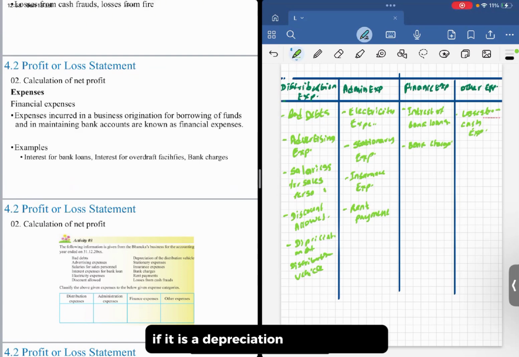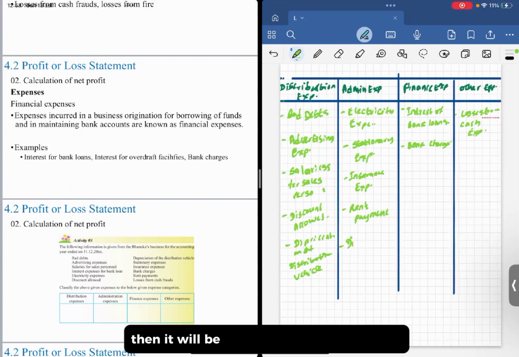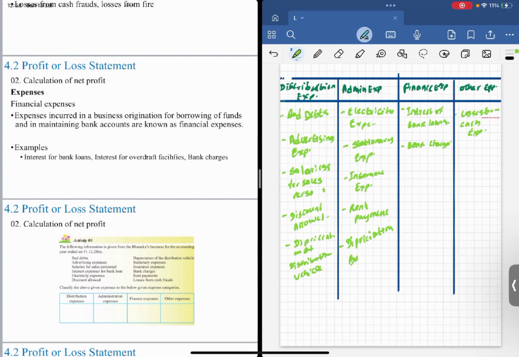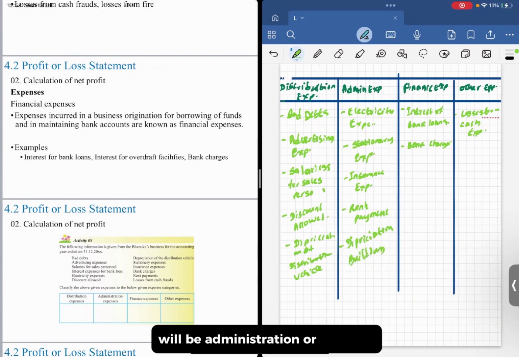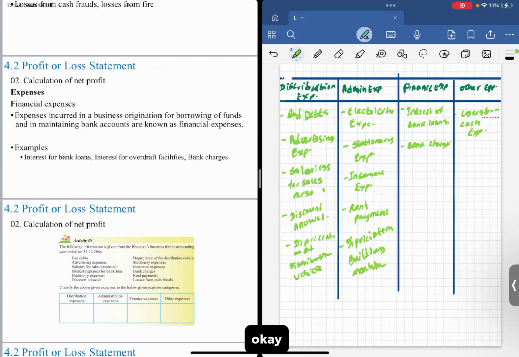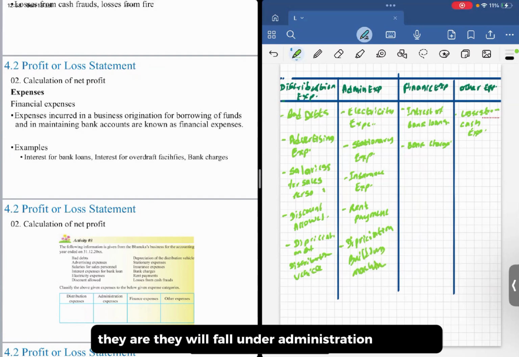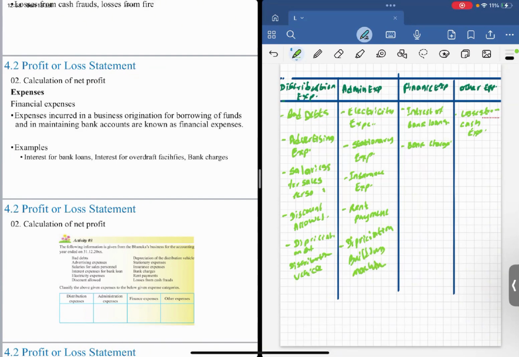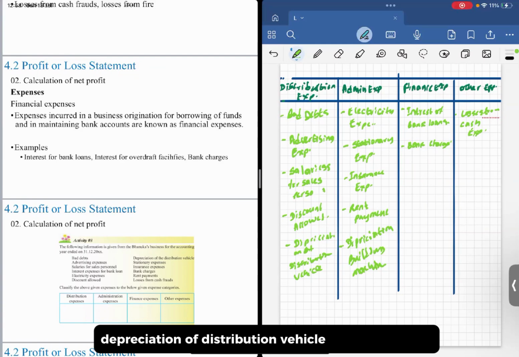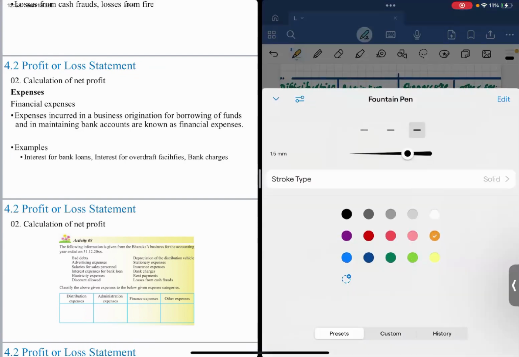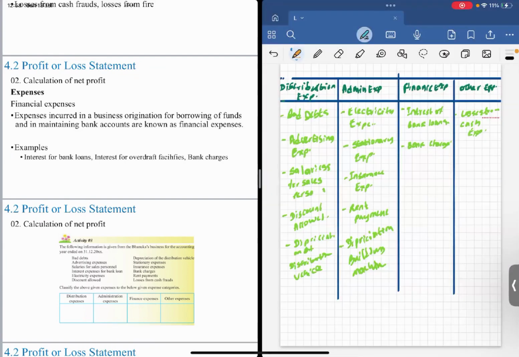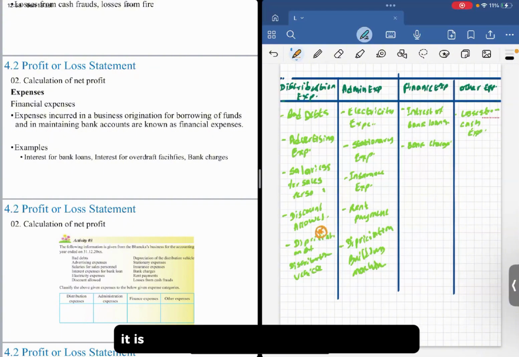Now, if it is depreciation of the building, it will be administration expenses. But here, depreciation of distribution vehicle will come under what? It will come under distribution expenses.